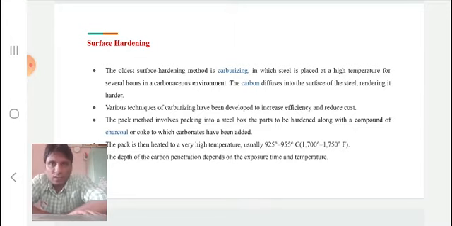So the depth of the carbon penetration depends upon the exposure time and temperature at which the process is carried out.